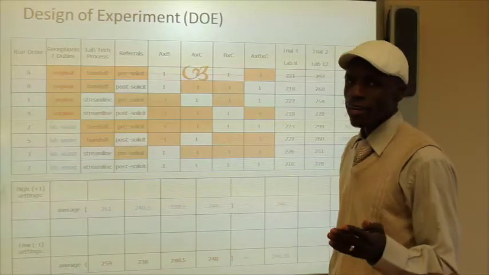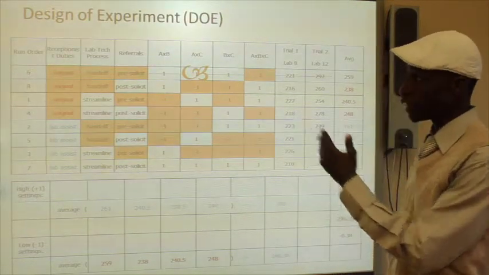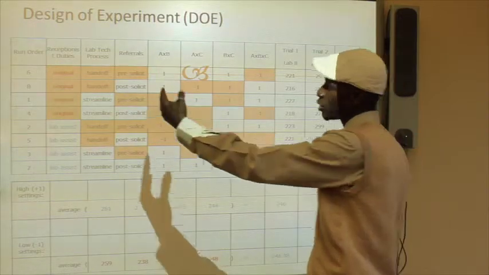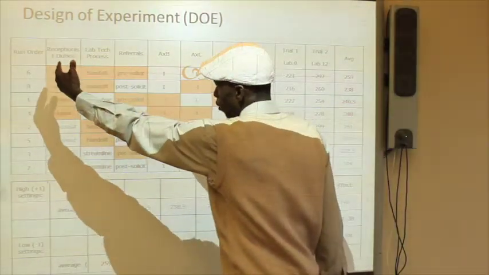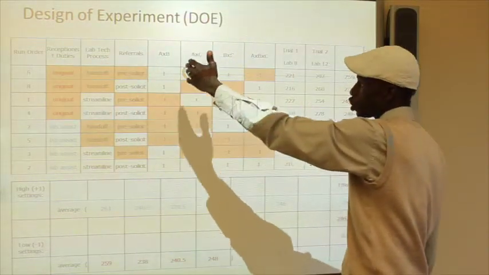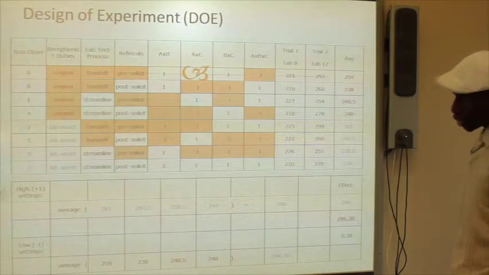As you can see, this table is an example of a design of experiment, and you can see that the table started with the running order, reception duty, lab technician process, going all the way to the average.